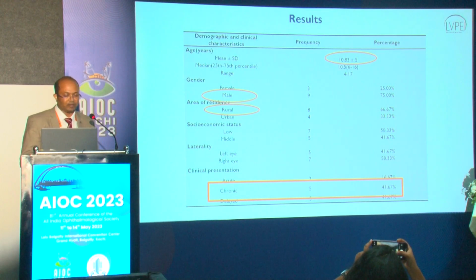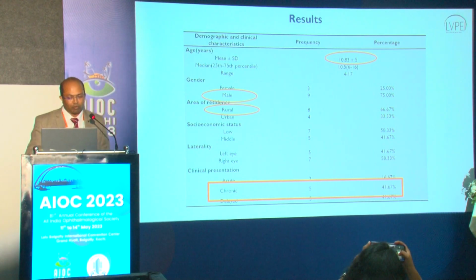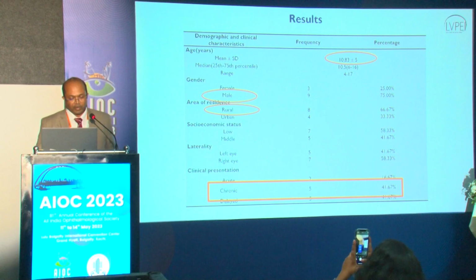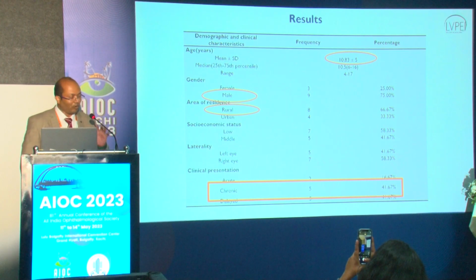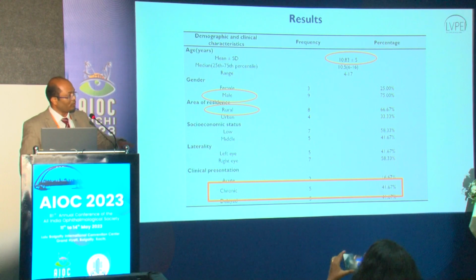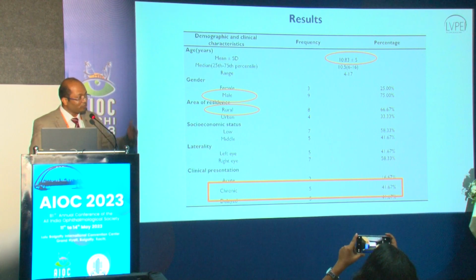If you look at the results, the mean age in this cohort was almost 10 years with a standard deviation of 5. The males were predominant, and the majority of these patients were from a rural background. If you look at the clinical presentation, the chronic and delayed variety was more common in this cohort compared to the previous literature, where we assume they usually present as acute endophthalmitis.